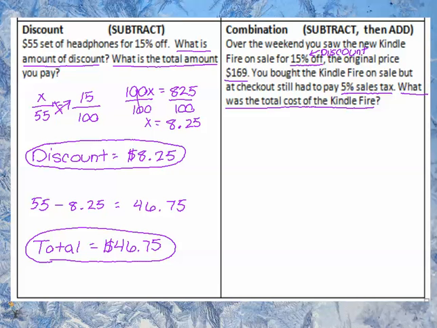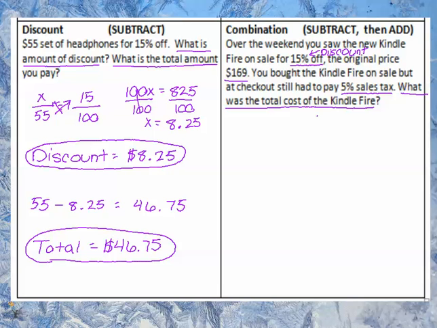In this one, I have 5% sales tax. So with the sales tax, I need to add. With a discount, I need to subtract. You have to think, which one would I do first? Do I want to pay tax on the amount of money before my discount? Well, no, I don't want to add money before I get my discount. I always want to do my discount first.